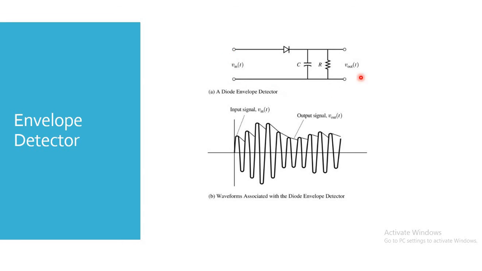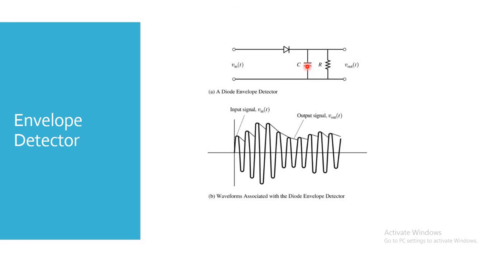This is the circuit diagram of an envelope detector. In the envelope detector we have a diode, and at the output of the diode we have an RC circuit. The RC circuit is selected in such a way that the value of R is very large and the value of C is small. During the positive half cycle, the diode is forward biased and the input is given to the capacitor, and the capacitor starts charging.